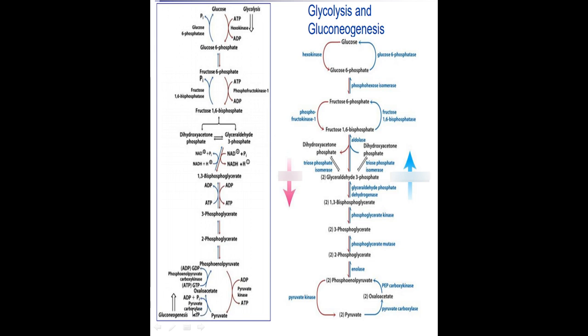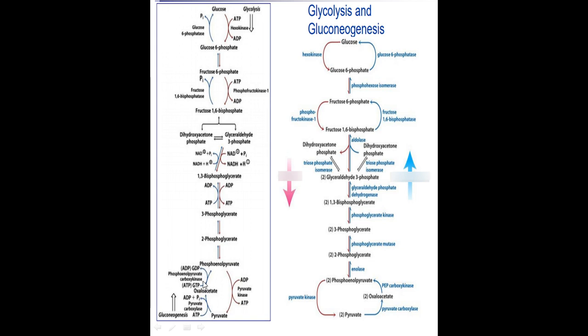This enzyme adds a carbon dioxide molecule to pyruvate to form oxaloacetate at the expense of ATP. Then another enzyme, phosphoenolpyruvate carboxykinase, removes the carbon dioxide and replaces it with a phosphate group to form phosphoenolpyruvate. So PEP carboxykinase converts the oxaloacetate back to phosphoenolpyruvate.